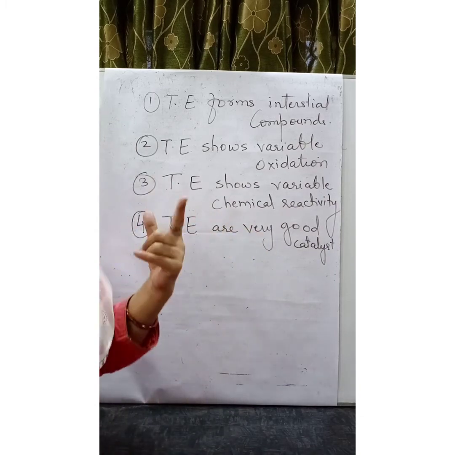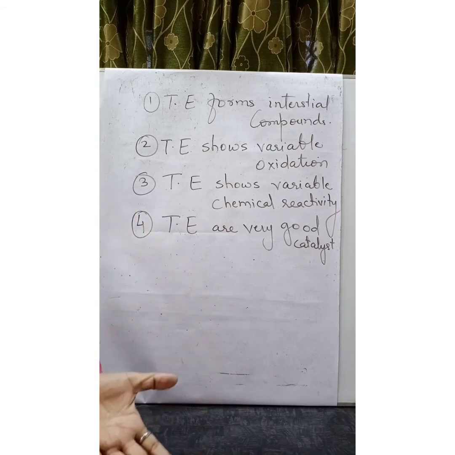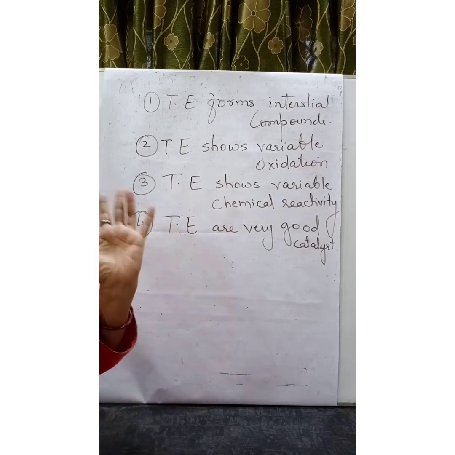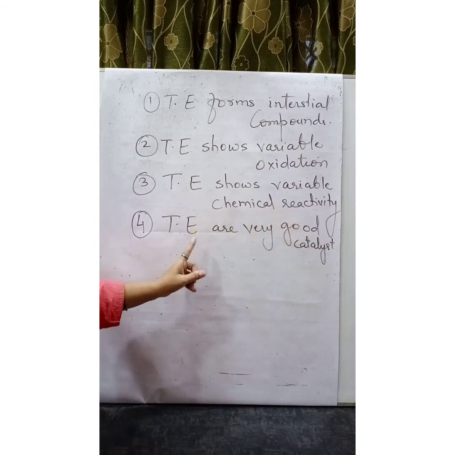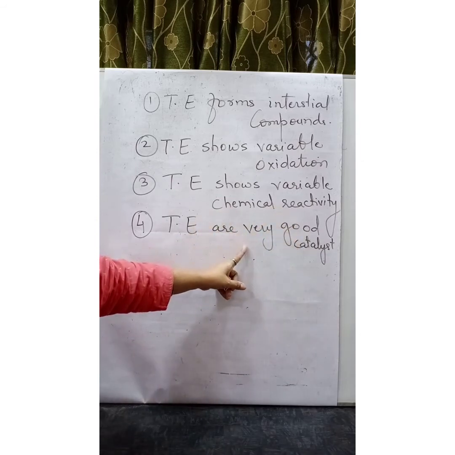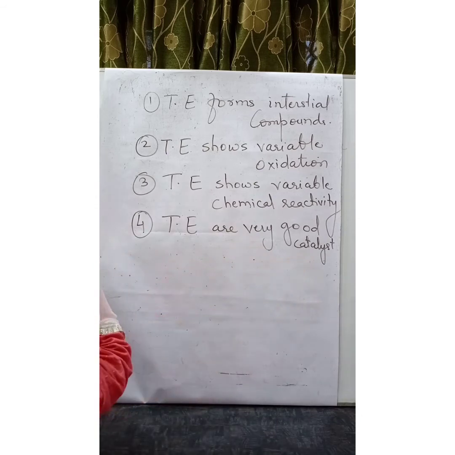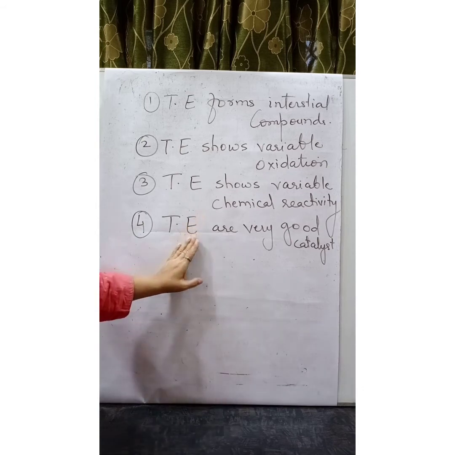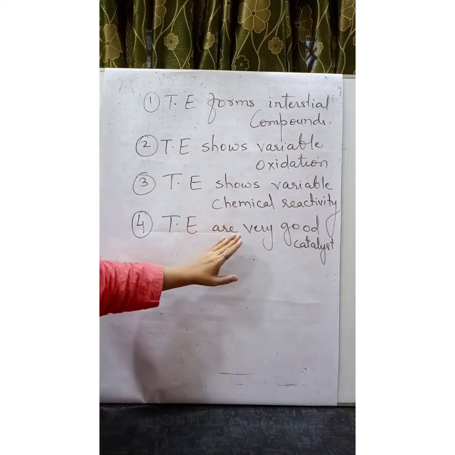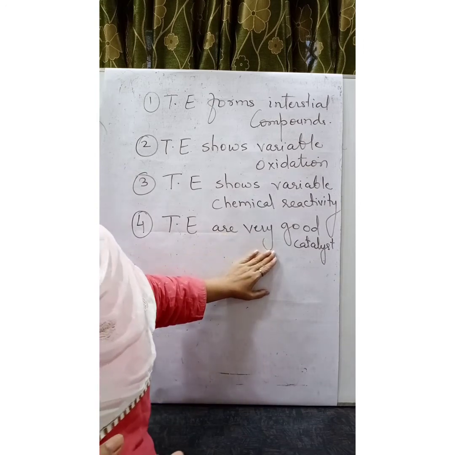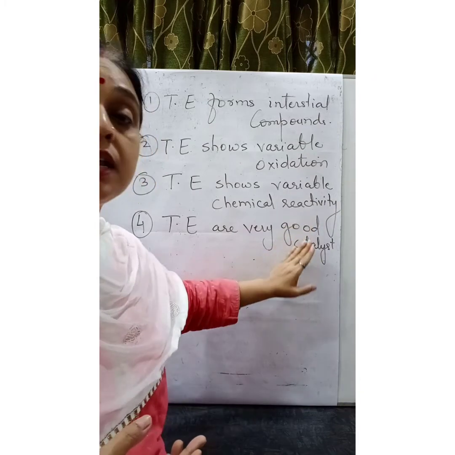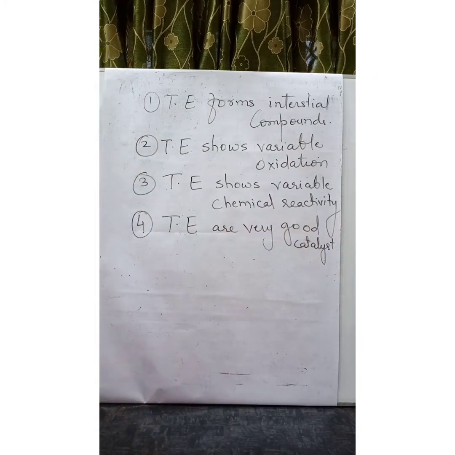The very first reason: they have a large surface area on which the reactants can be readily adsorbed. Secondly, due to the presence of unpaired electrons, they can form intermediate products. And third, they exhibit variable oxidation state. As a result, they can easily exchange their oxidation state, making them very effective catalysts.